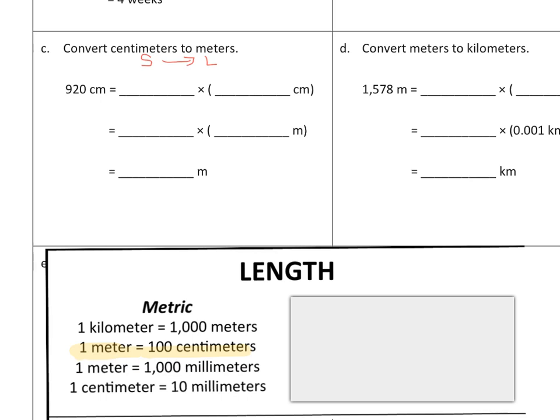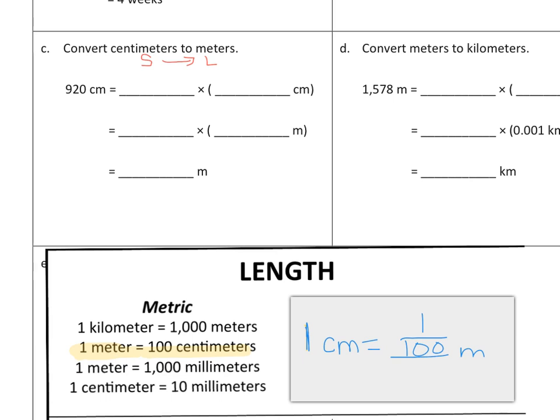So if you only had 1 centimeter, how many meters would that be? Now, it can't be 100. 1 centimeter cannot be 100 meters because a centimeter is smaller than a meter. So actually it's going to become a fraction. It's going to be 1/100th of a meter.